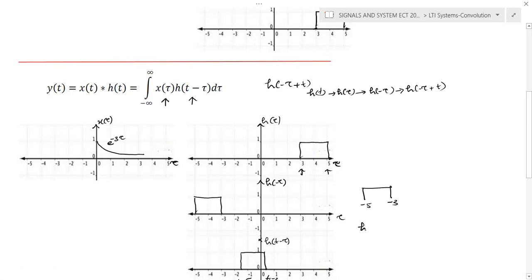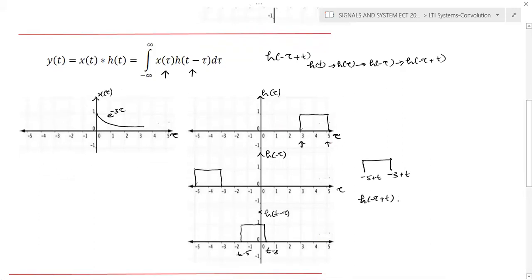Now we need to plot h of minus tau plus t, meaning you need to add plus t here, here also plus t. So you'll get t minus 3 and t minus 5. We don't know the value of t. t can be positive or negative. So either we can draw a signal which is right shifted or left shifted. So here you can see a signal which is right shifted.